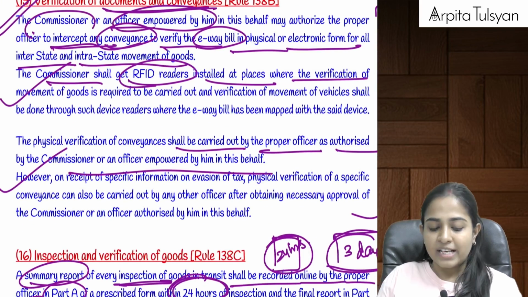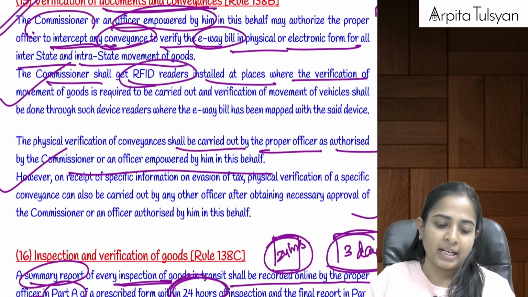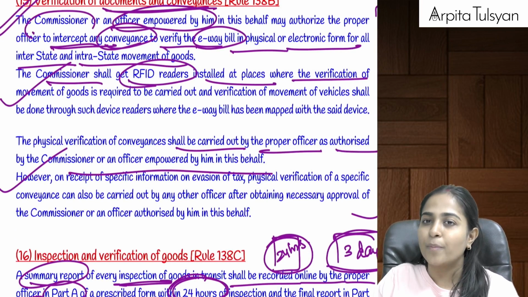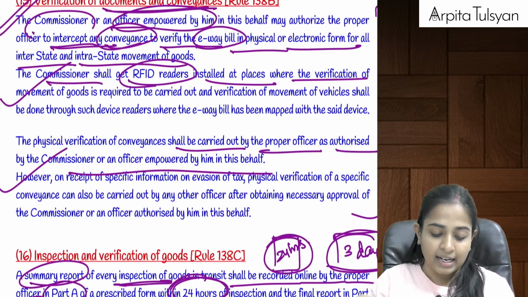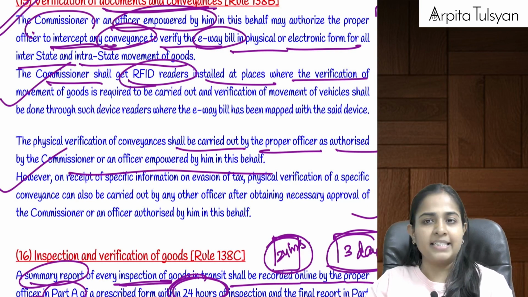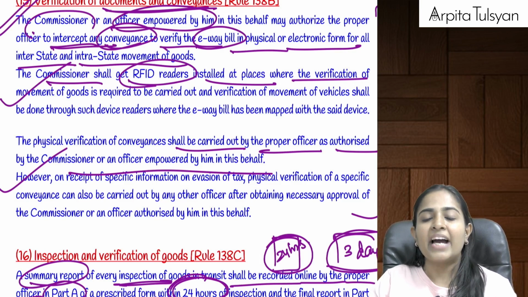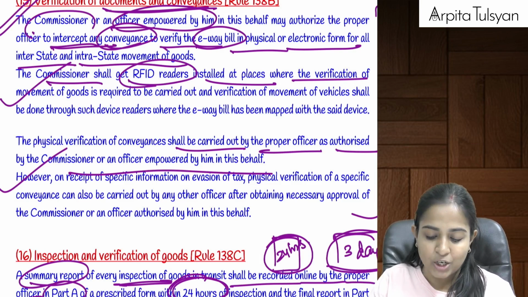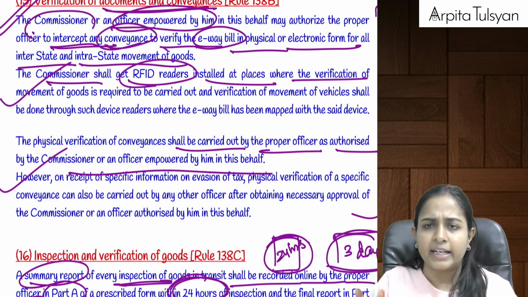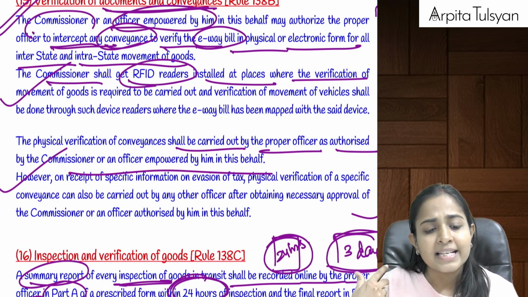Now, when the goods are being transported from one place to another, can that be verified? Can the documents, the vessel, the vehicle, etc., be verified? Yes, definitely. Either the commissioner or any officer authorized by the commissioner has the power to verify the documents that you are carrying, in case of both interstate movement of goods as well as intrastate.